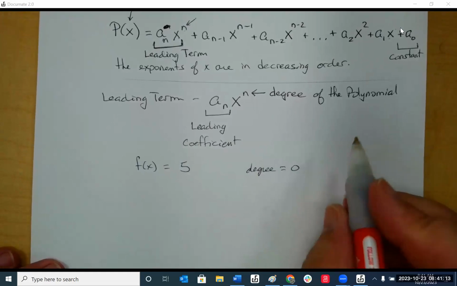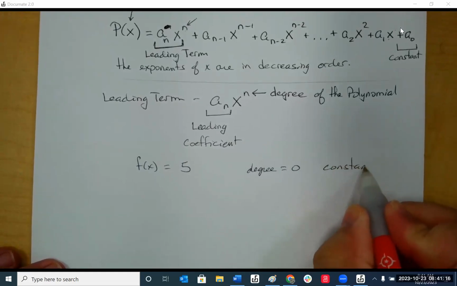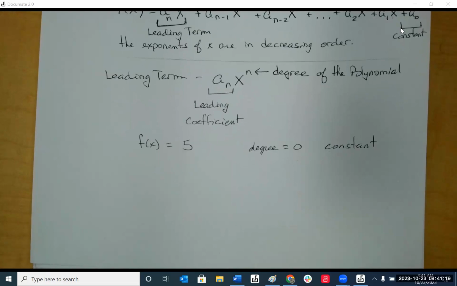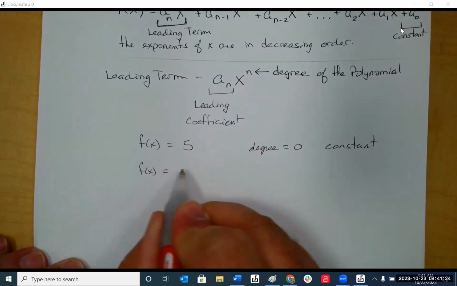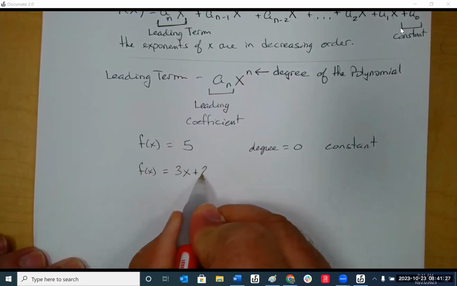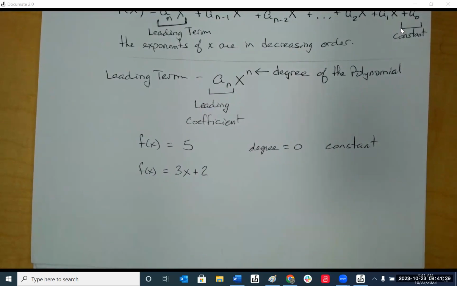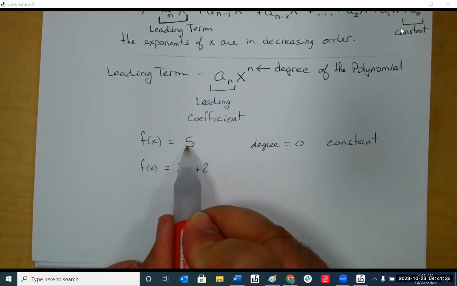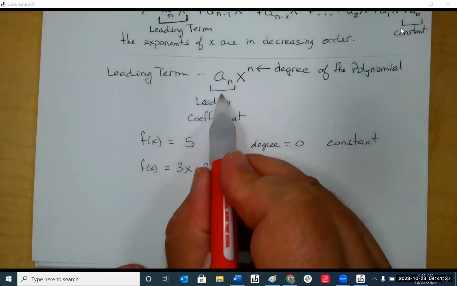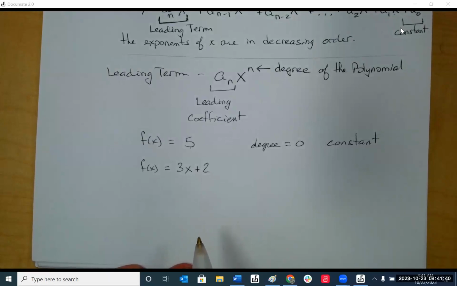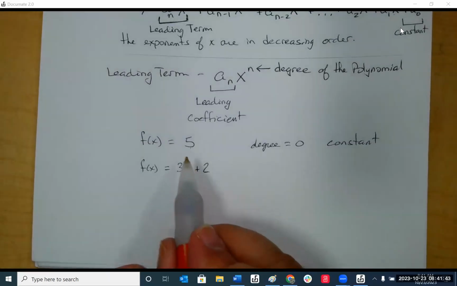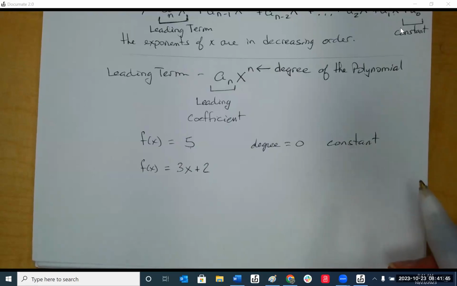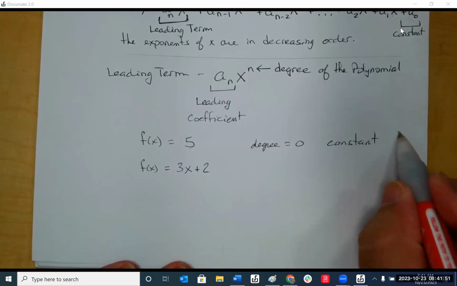So if the degree is 0, we have a constant. How about this one? Also, since this is the largest number, it's actually the leading coefficient. It tells us if it's a constant, is it above or below the x-axis? Is it positive or negative? It's positive. So it's above the x-axis.